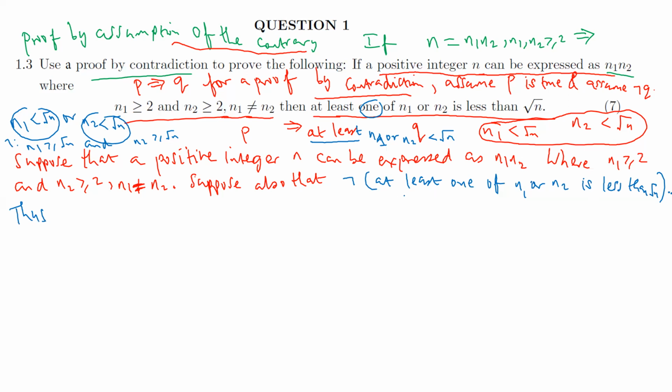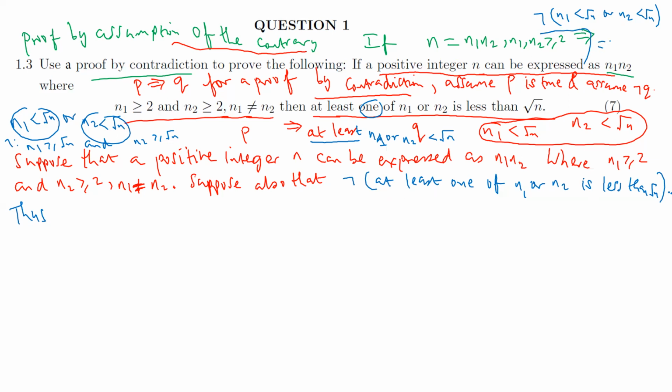The fact that at least one is redundant, because it's the same thing as saying N1 is less than the square root of N, or N2 is less than the square root of N. And then you negate this one. Already negated that one on the side there.